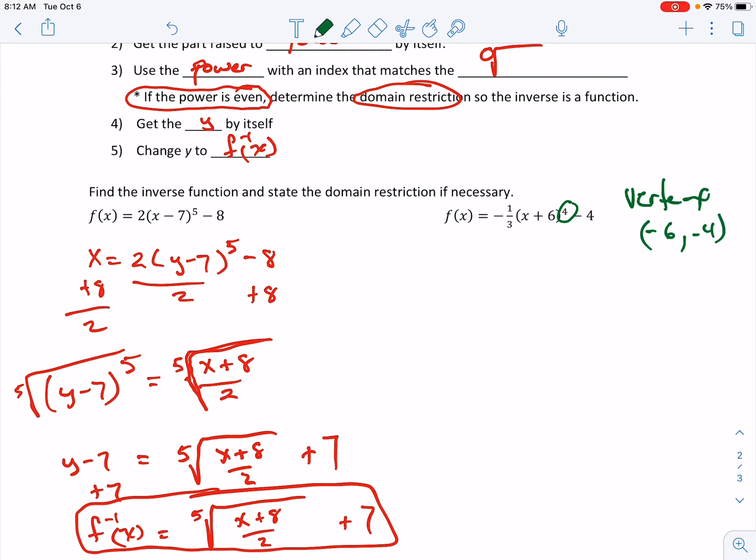And we're going to take the positive radical. So again, we're going to use the h value. The restrictions will be x values that are greater than or equal to -6. All right, there's our domain restriction. For the inverse, we are going to switch our x and y.